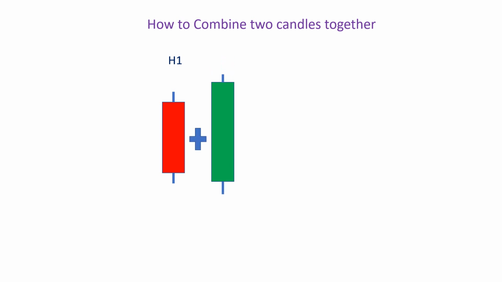How to combine two candles together? Let's assume this is a bearish candle with H1 time frame, 1 hour of trading, and we want to combine this candle with this bullish candle, which engulfs the first one. And this one also has H1 time frame.